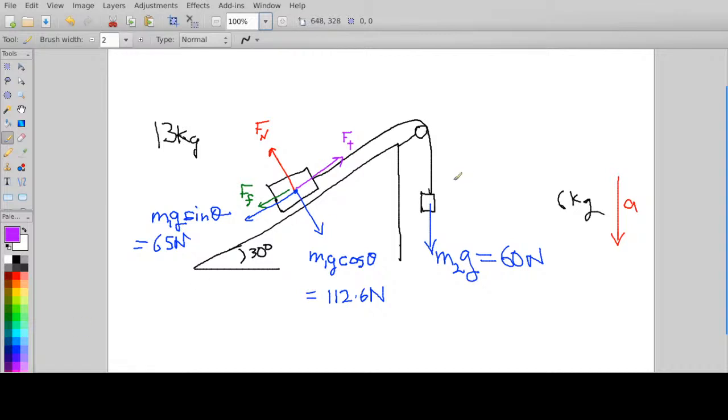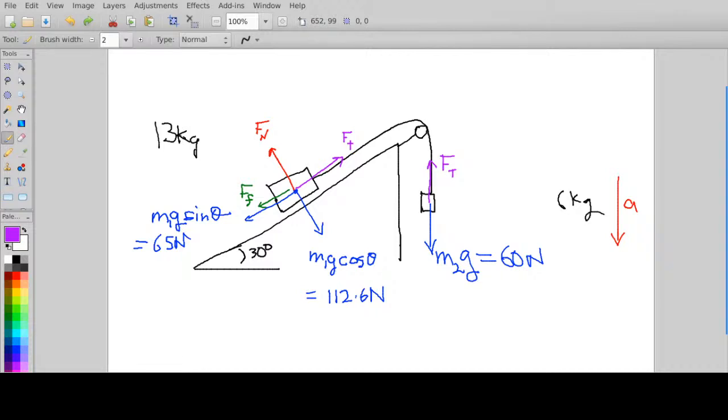And there's a tension up like this, Ft like that. And we don't know how big either of those Ft's are, but the tension here is equal to the tension there for the same reason as before, because of Newton's third law.